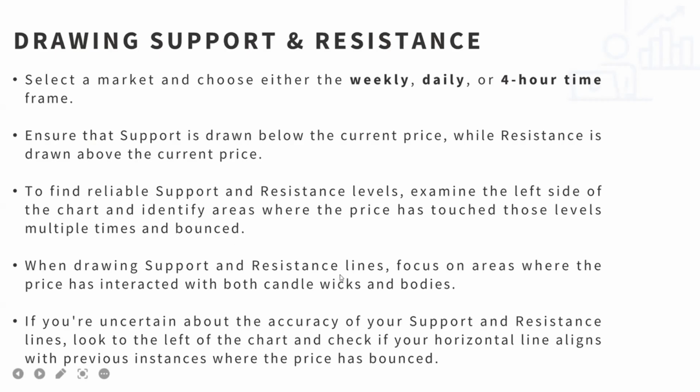When drawing support and resistance lines, focus on areas where the price has interacted with candles, wicks, and bodies. If you are uncertain about the accuracy of your lines, look to the left of the chart and check if your horizontal line aligns with previous instances where the price has bounced.